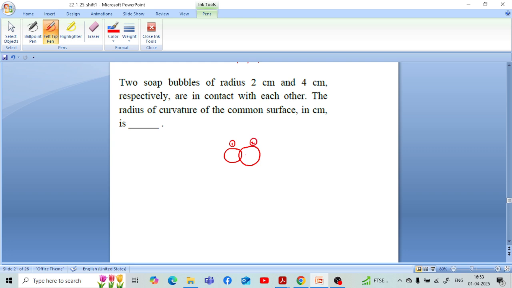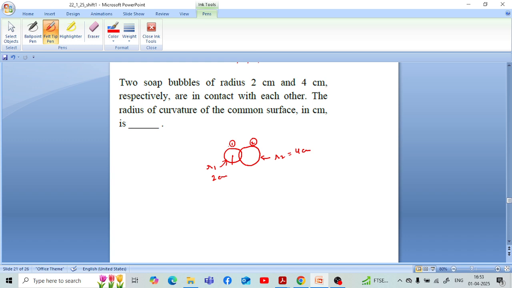Now the soap bubbles have different radii. For example, soap bubble 1 has a radius of 2 centimeters, let us call it R1, and the radius of the bigger bubble, suppose it is R2, is equal to 4 centimeter. Now when a soap bubble gets formed, there is an excess pressure.